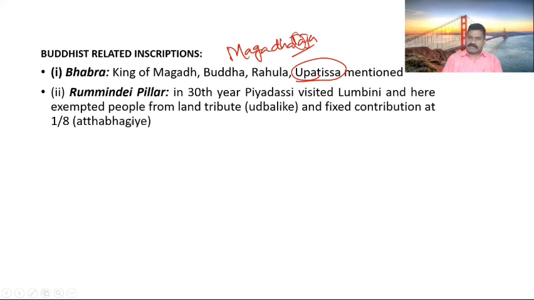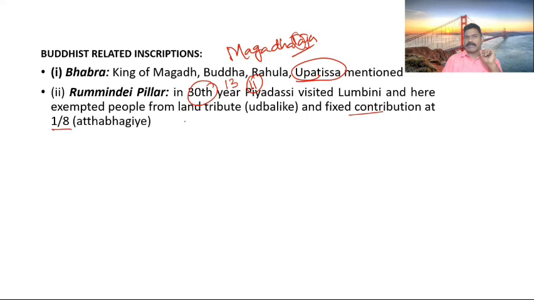Rummindei pillar inscription: in the 20th year of his reign, Ashoka visited Rummindei, the birthplace of Buddha. There he exempted people from paying taxes. He allowed only a fixed contribution, that is one-eighth, Atthabhagiya.